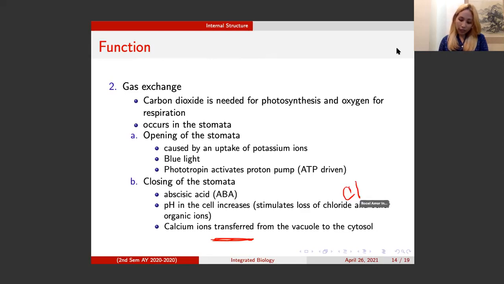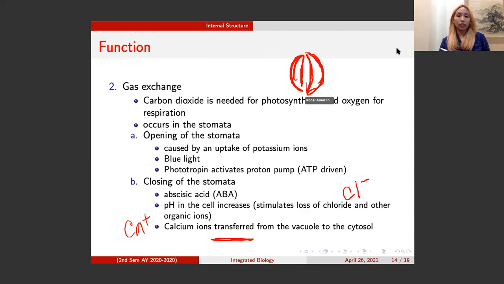The chloride is negative. Calcium is positive. So mas nagiging positive yung loob, negative yung labas ng stomates, and that difference in electrochemical gradient will now cause more calcium to be released, right?